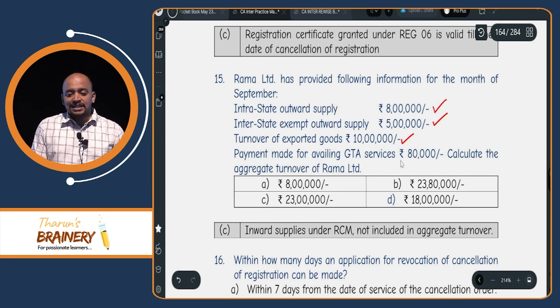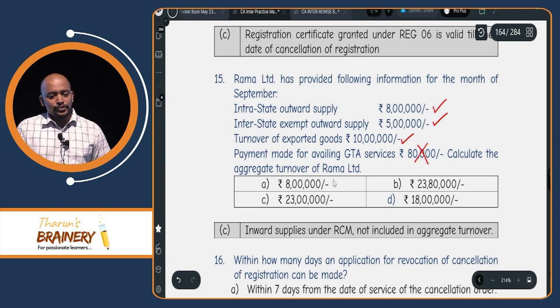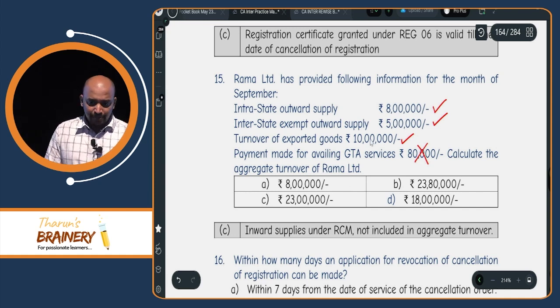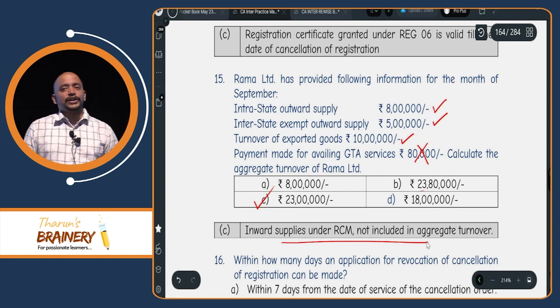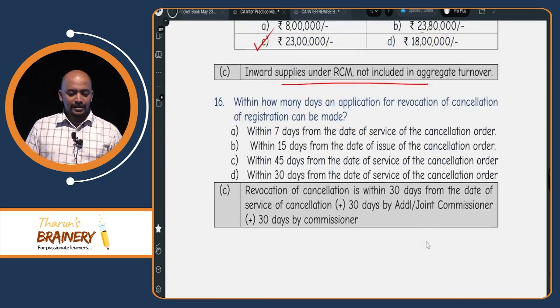Payment made for availing GTA service is under RCM. Should that be taken in aggregate turnover? No. Calculate the aggregate turnover of Rama Limited: 8 plus 5 plus 10, that is 23 lakhs. Why not 23 lakh 80? Because inward supply under RCM is not included in aggregate turnover.